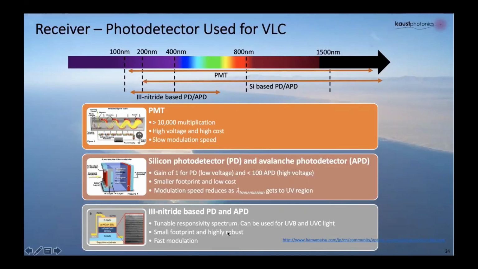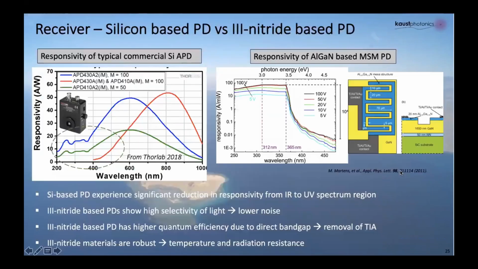And another option will be developing high-speed photodetectors for visible light communications by using III-nitrides. This view graph shows the silicon photodetector, the APD. Since it is silicon material, we always have the peak responsivity happen between 600 to 800 nanometers or so, depending on the coating and the design.